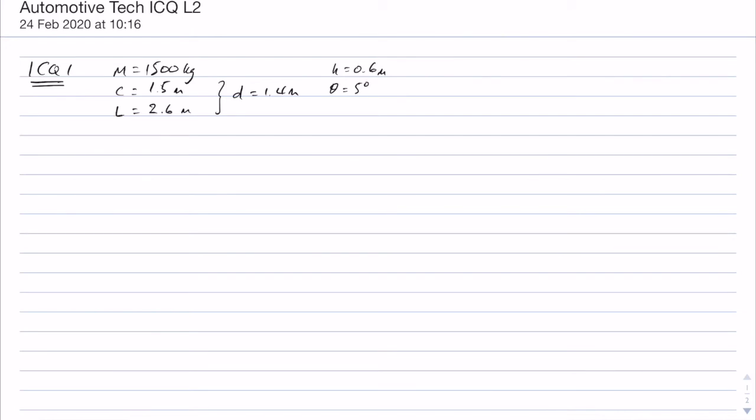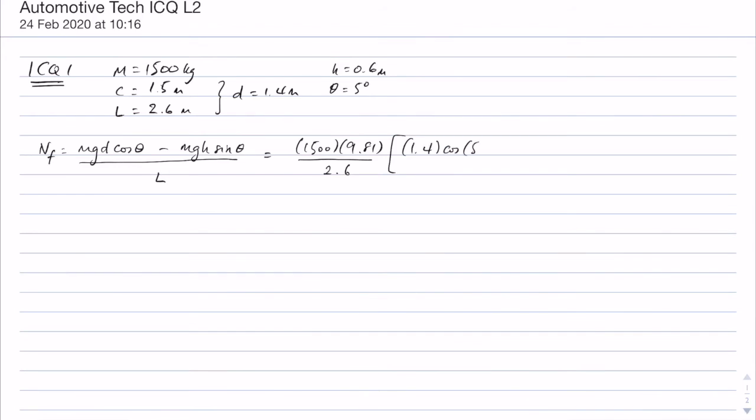And so we have our equation: NF equals mg, D cosine of theta minus mgh sine of theta, divided by the wheelbase L. And so we've got an mg in both of them, so I'm going to take them outside. 1500 times 9.81 divided by 2.6, and then inside the brackets I'm going to put D times cosine of 5 degrees minus h, which is 0.6, times sine of 5 degrees.